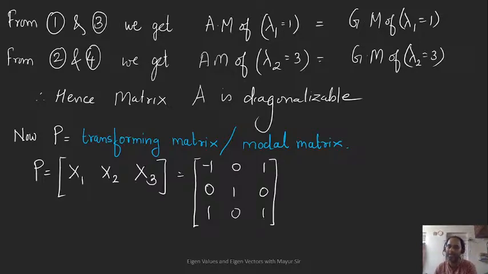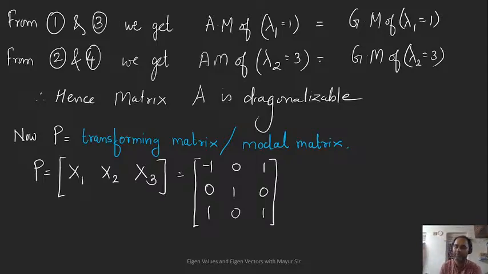So these are the eigenvectors, and then you have formulated the matrix P over here. Are you getting this? Alright, this is what you get.